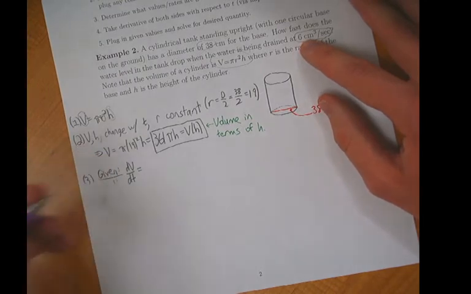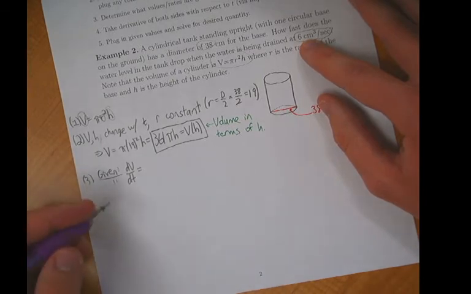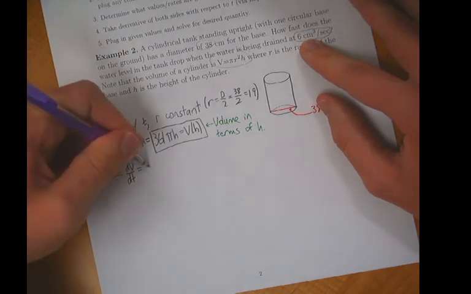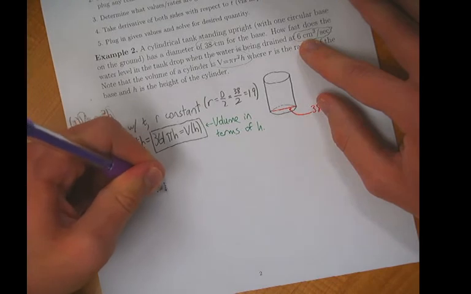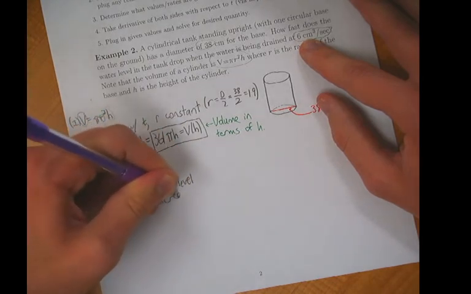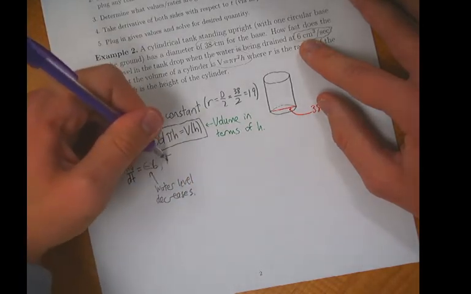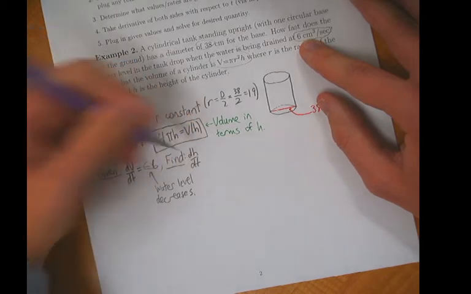That means the water level is decreasing at that rate, so your derivative is going to end up being negative. The negative accounts for the water level decreasing. Okay? And then from this, we have to find dH/dt. Okay?